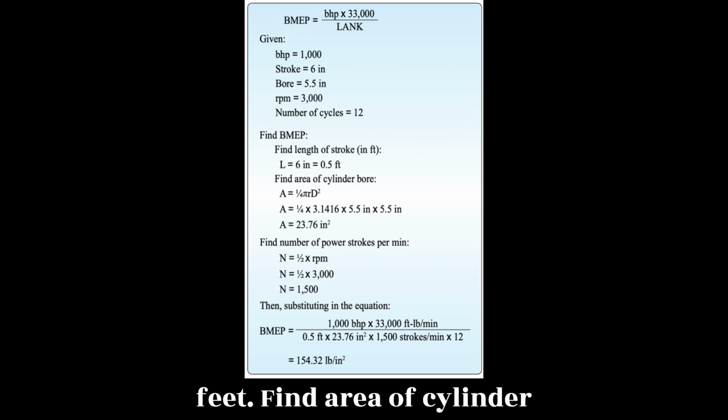Find area of cylinder bore. A equals 1/4 times pi times D squared. A equals 1/4 times 3.1416 times 5.5 times 5.5 in. A equals 23.76 in squared. Find number of power strokes per minute. N equals 1/2 times RPM. N equals 1/2 times 3,000.